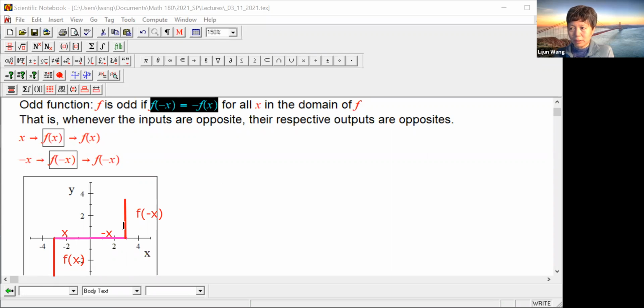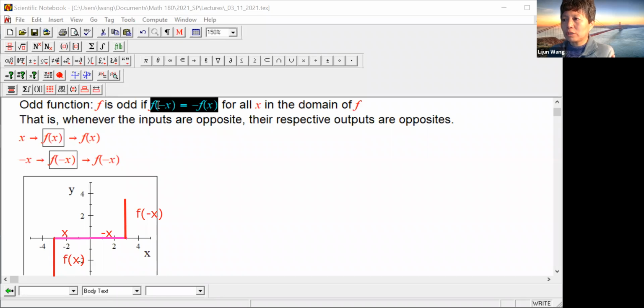One is positive, the other is negative. So you have the picture either in the first and third quadrants or the second and fourth quadrants. Do you follow me? Do we understand what f of negative x is? The negative sign is inside, not outside. What difference does that make? Do we understand that now?